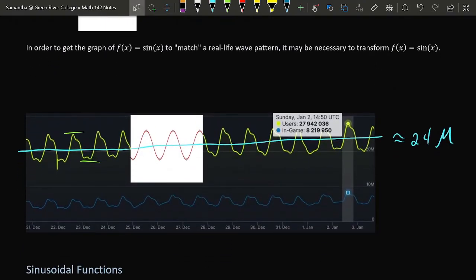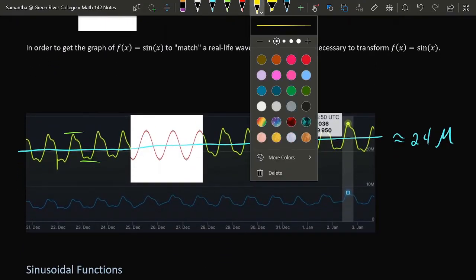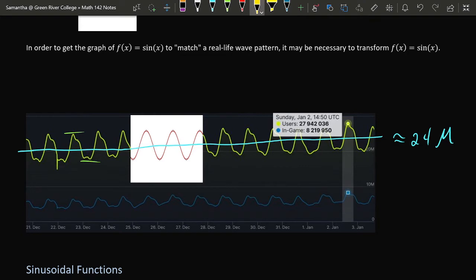But if you want to prepare your servers for the worst case scenario, you're going to have to prepare yourself for, it looks like maybe around 28 million users, roughly speaking, on this scale. So the midline was at 24 million, the peak is at 28 million, and therefore the amplitude, the difference between the most extreme case and the average case, is 4 million users in this particular example.